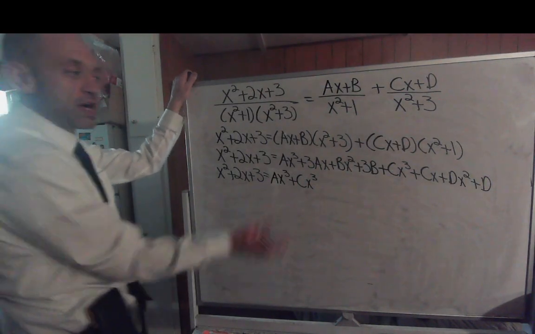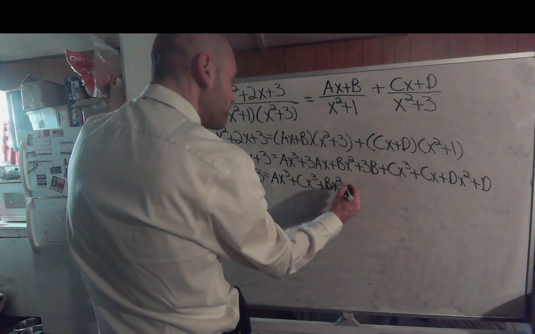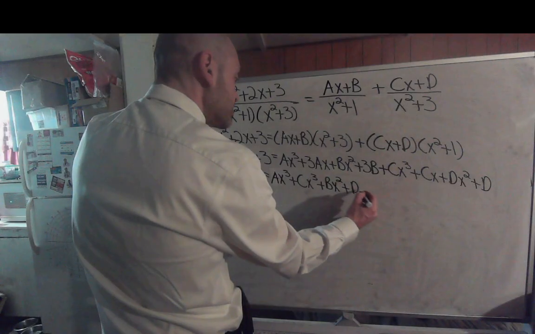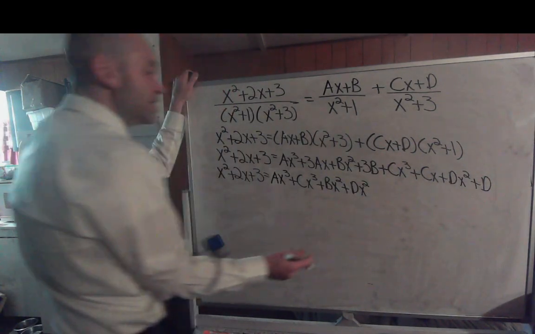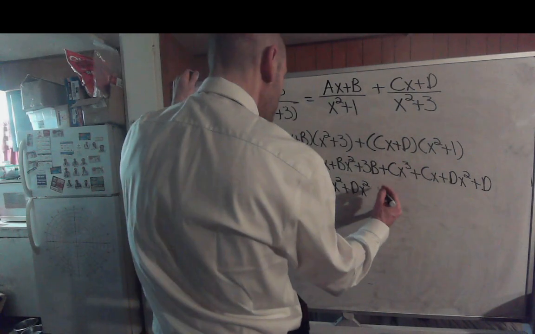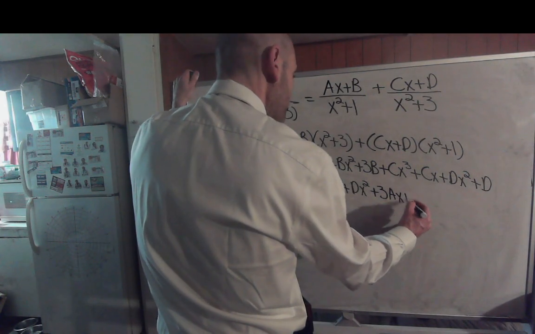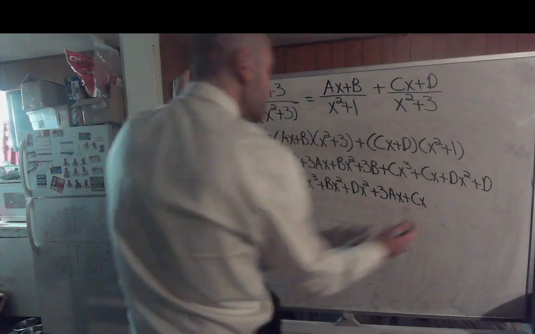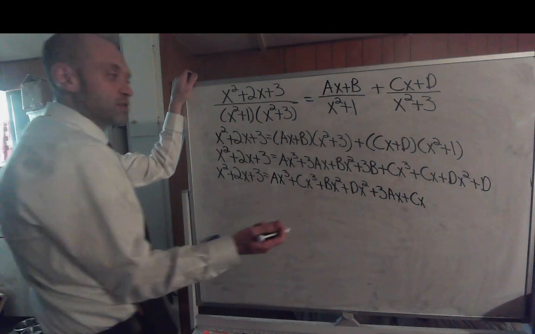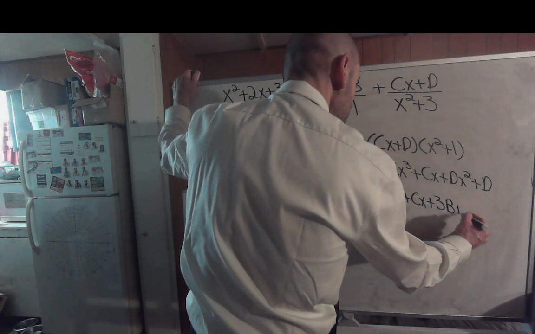Next, worry about your x squared term, so that'd be plus bx squared plus dx squared. Next, worry about your x to the first term, so that would end up being plus 3ax plus cx, and then do your constant terms, which would be plus 3b plus d.